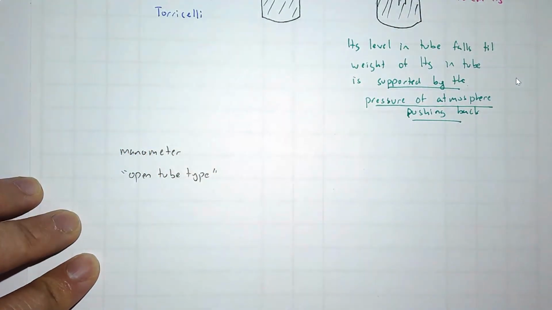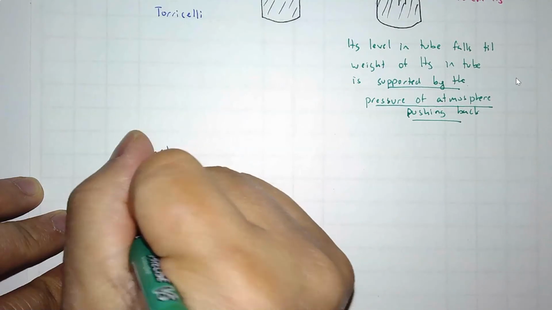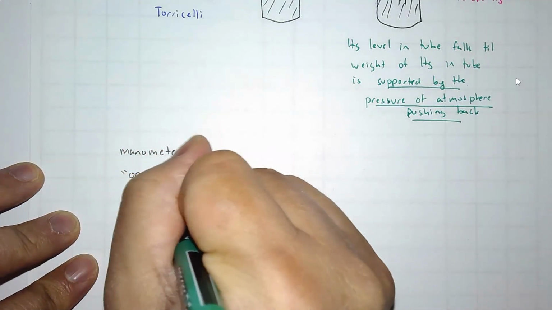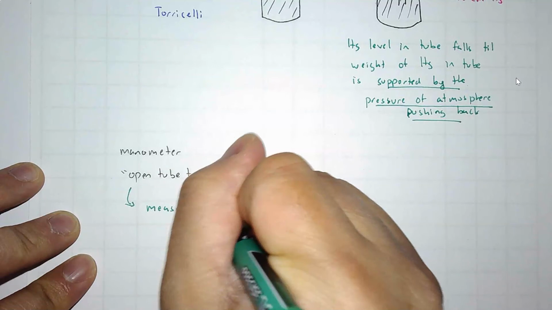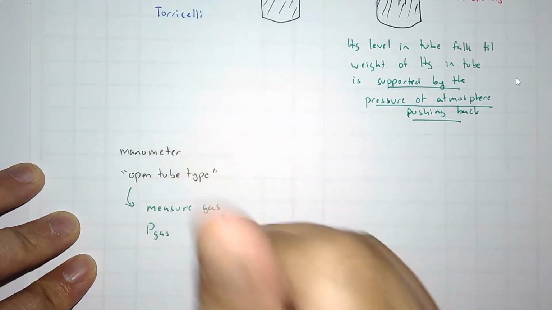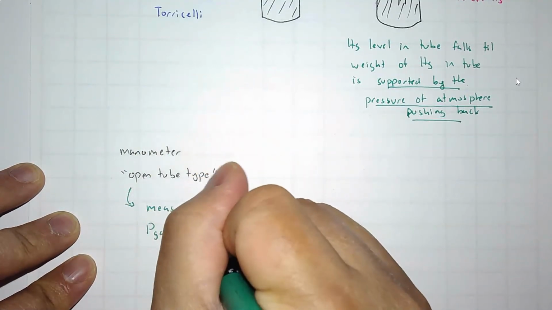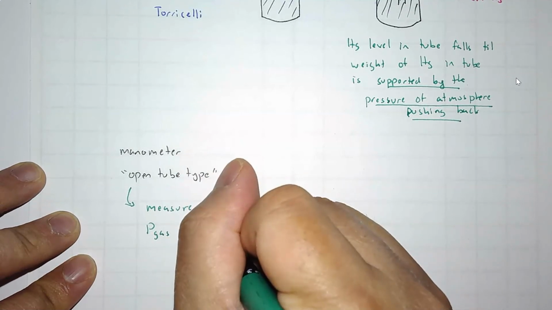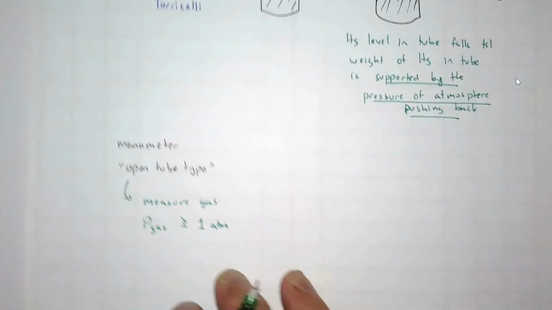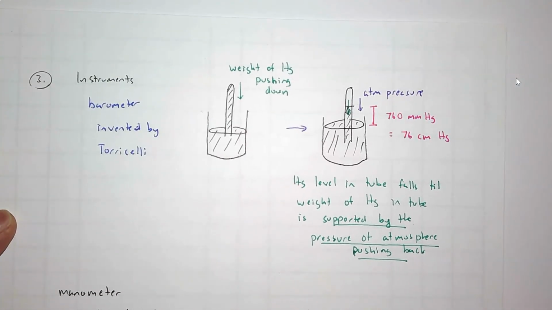And this open tube type is to measure gas that has a pressure greater than atmospheric pressure. So in general it's going to be greater than 1 atm. So again, that is the barometer.